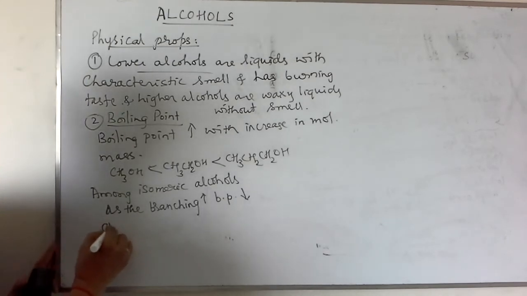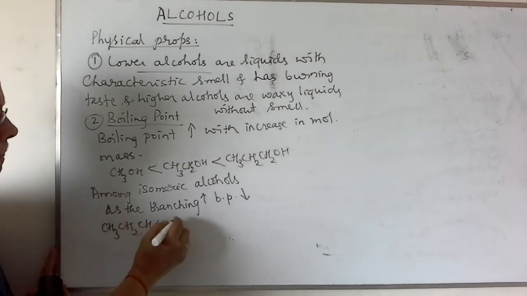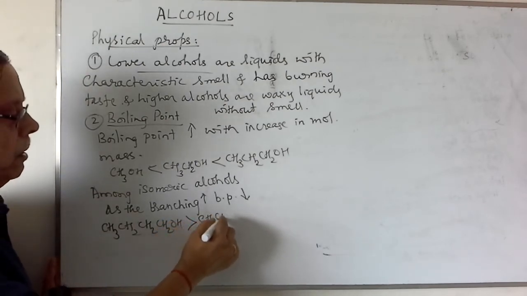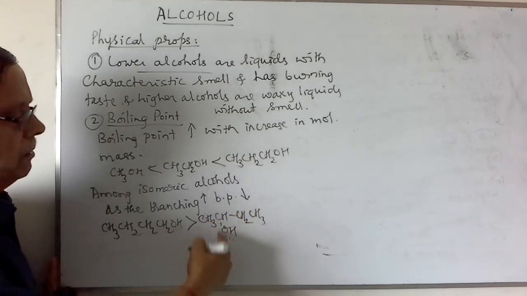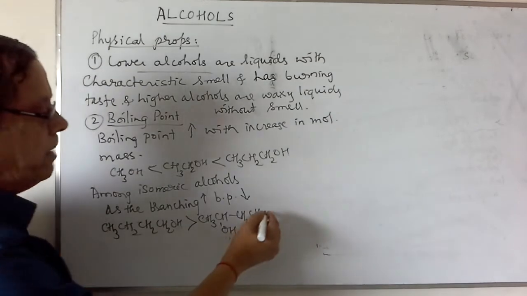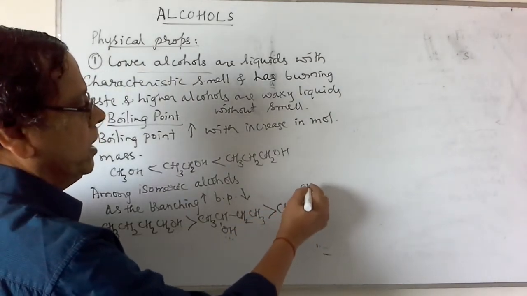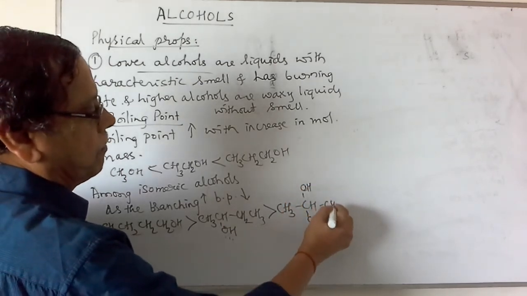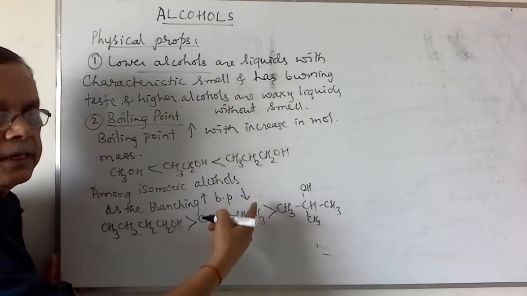For example, 1-butanol, CH3CH2CH2CH2OH, has a higher boiling point as compared to isobutanol or 2-butanol, because there is branching here, and this has a higher boiling point than CH3CHOHCH3CH3. So as the branching increases, the boiling point decreases.